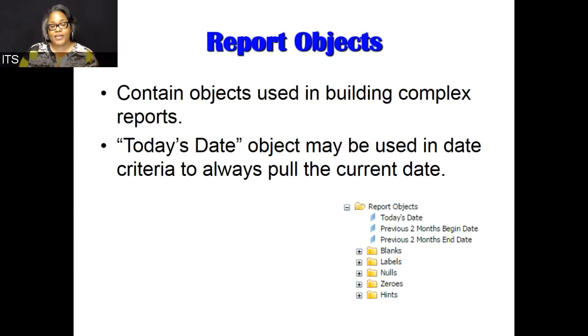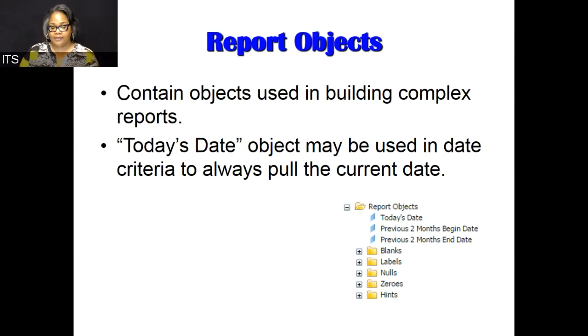So instead of going in and editing your criteria in your query, or instead of adding a prompt, you can very easily use this particular object to complete your statement for your job effective date equal to today's date, or your job end date equal to today's date. It just makes things a lot easier for you.